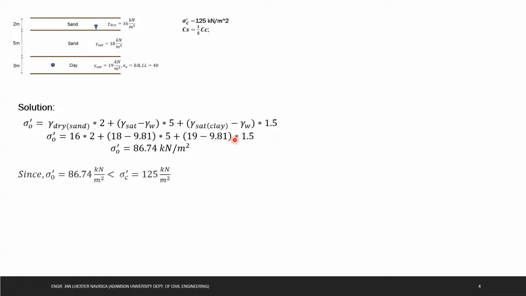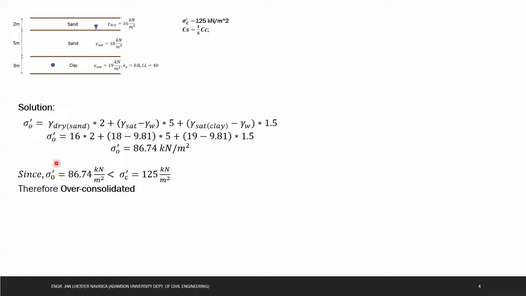Okay, then checking if our effective stress is less than or greater than the pre-consolidation pressure. We need to find first if that is a normally consolidated clay layer or an over-consolidated clay layer.